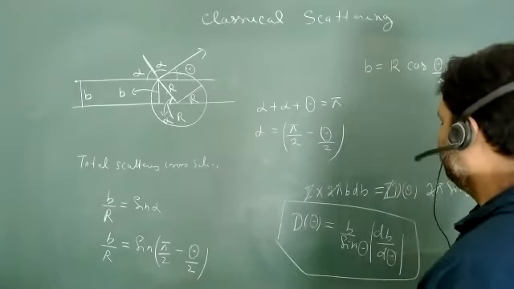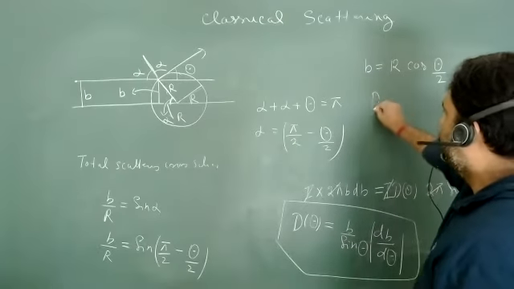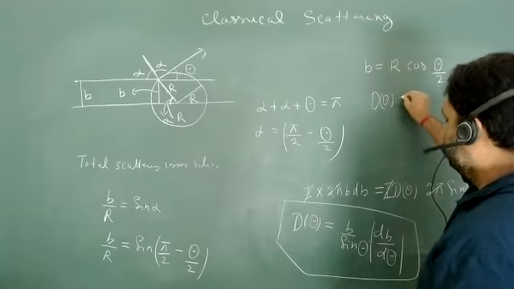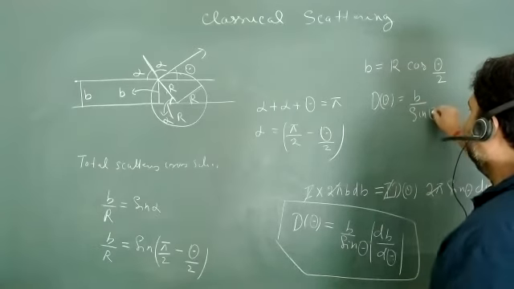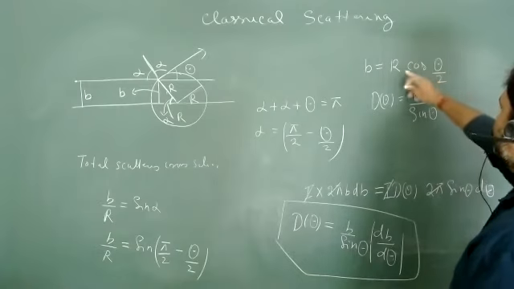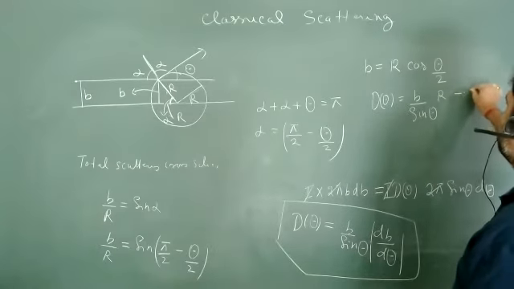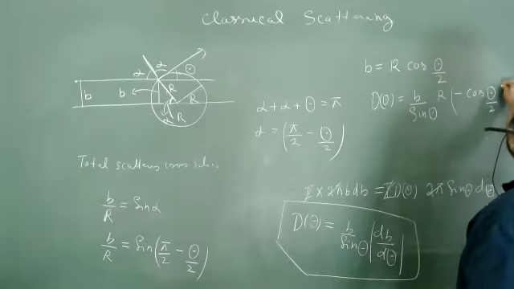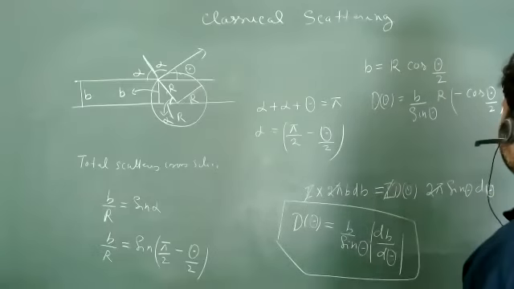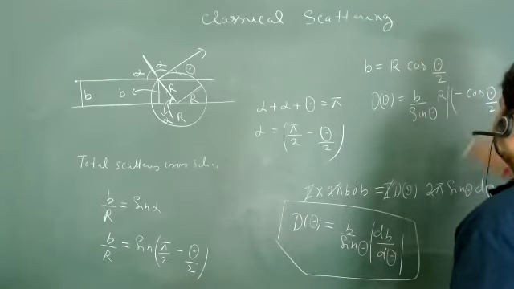Now we have to calculate the differential scattering cross section. So what will be my differential scattering cross section? dσ by dΩ is equal to b upon sin theta times db upon d theta. So what is db upon d theta? It is r times minus sin theta by 2 into 1 by 2. And you have to take the mod value, so there is not any problem.